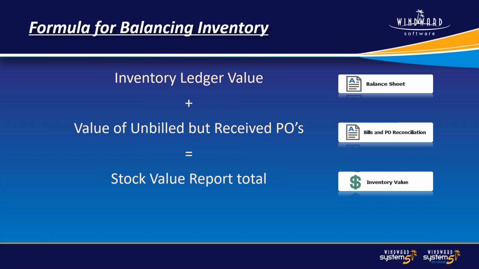Then you add those together, and that report total should match the inventory value report that we looked at. If it does not, you've discovered a gap in your process or a gap in your posting or something. We're going to talk about where the gaps typically lie in a moment.